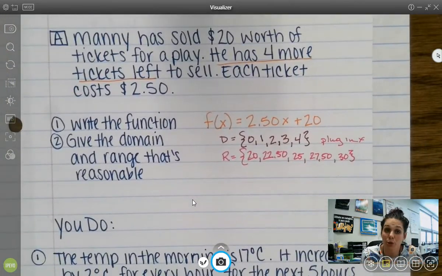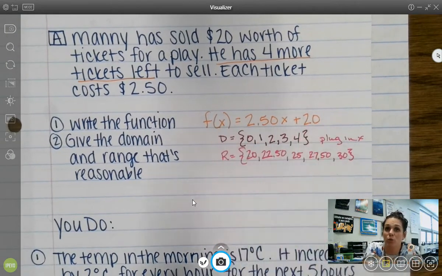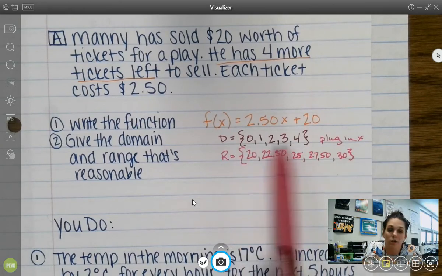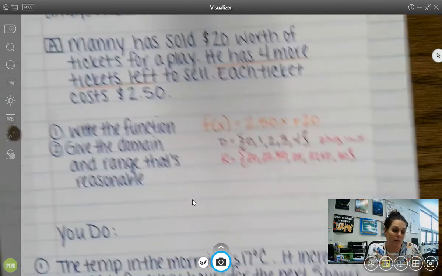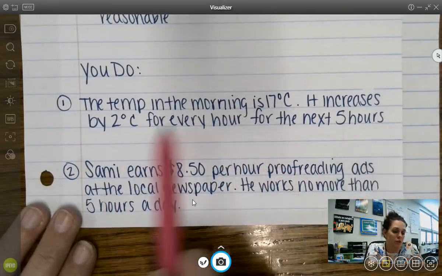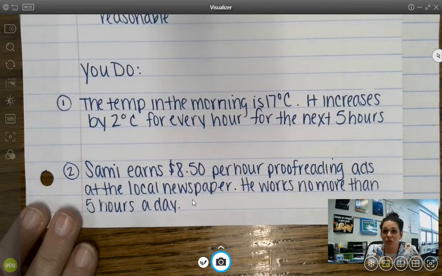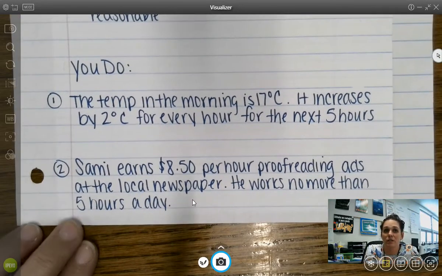So I have 2 UDOs for you, and in these UDOs, again, I want to know what is the function rule, what are the domains you're listing, and then what are the ranges that you get from them. Let's take a look at these. The temperature in the morning is 17 degrees Celsius. It increases 2 degrees Celsius every hour for the next 5 hours.